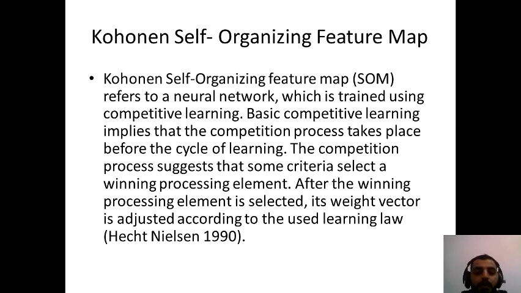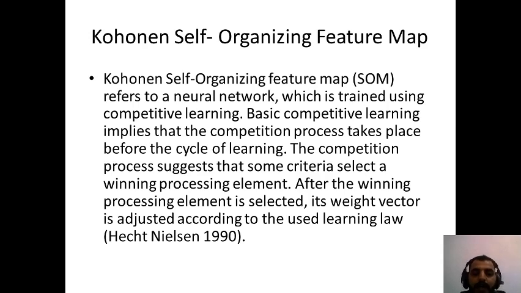The competition process suggests that some criteria select a winning processing element. After the winning processing element is selected, its weight vector is adjusted according to the learning rule.